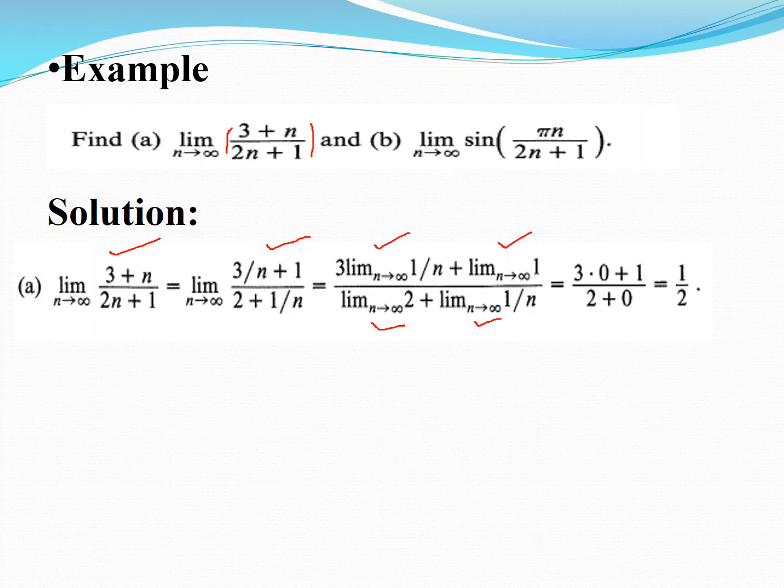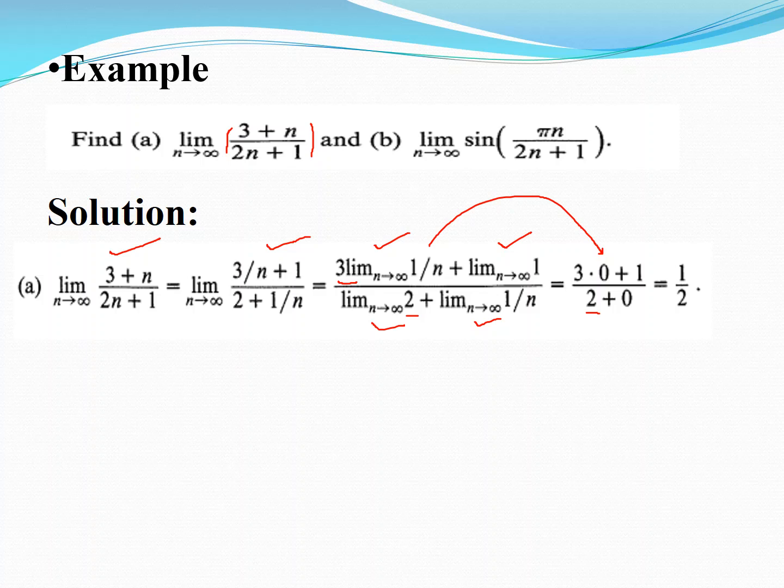We know that 2 is constant, so the limiting value of 2 is 2 according to the property, and this 3 is written outside the limit according to the property, and the limiting value of 1 over n is 0. We have discussed this property also.